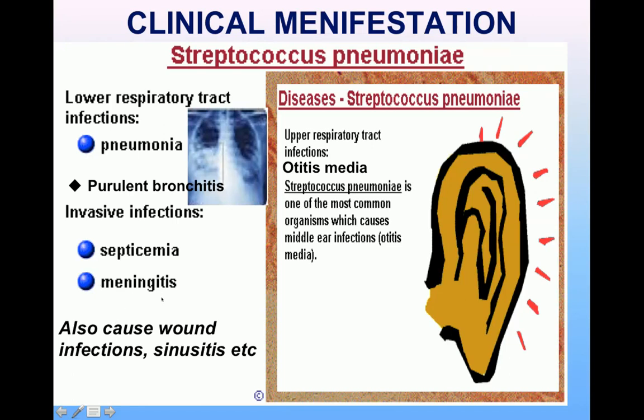It is also responsible for otitis media, very commonly isolated from middle ear infections, and can also lead to infection of the sinuses or of other organs of the body like wounds. So the clinical manifestations are in the lower respiratory tract, or once it goes into the bloodstream, it can cause infections elsewhere, and otitis media is one of the common sites where this organism can produce infection.